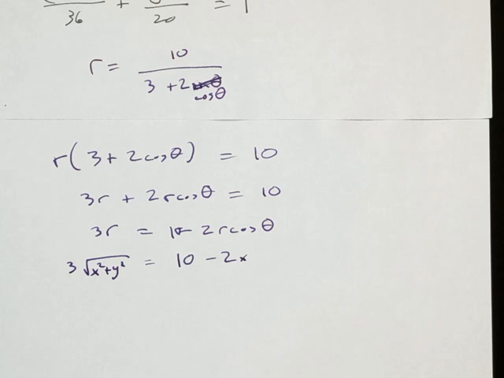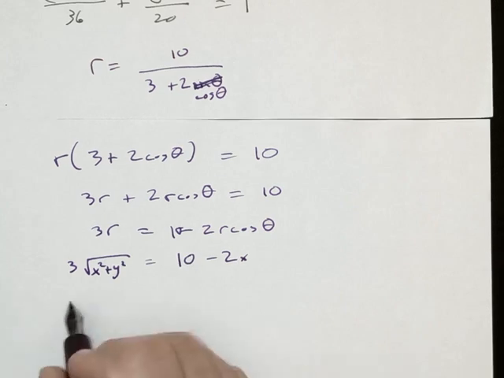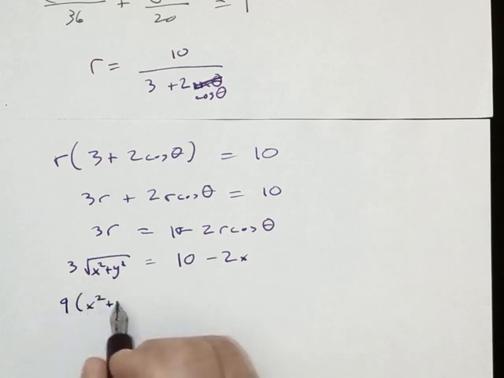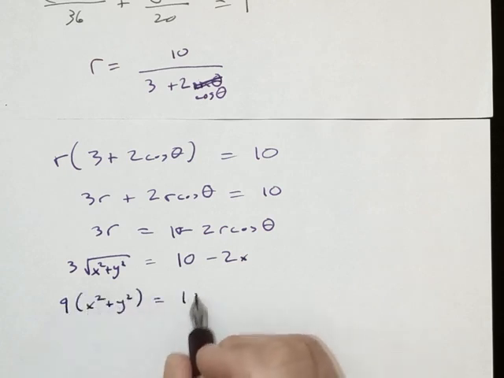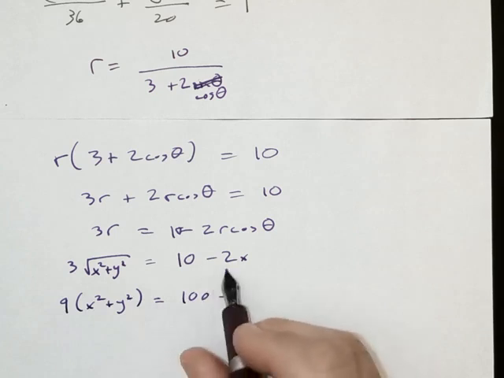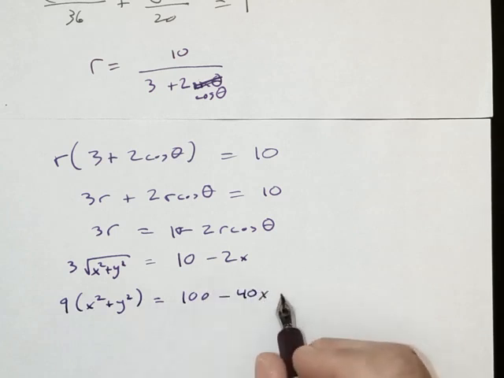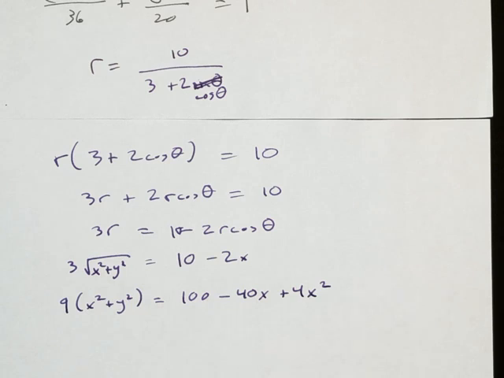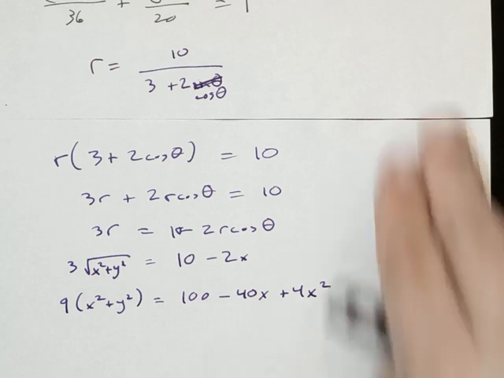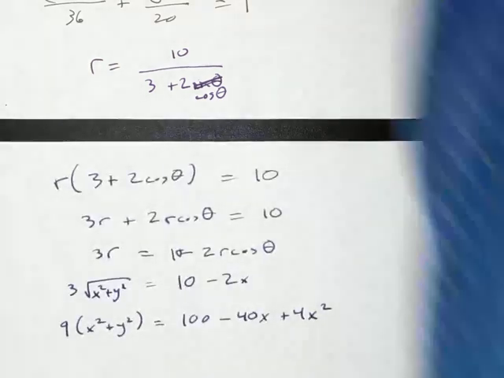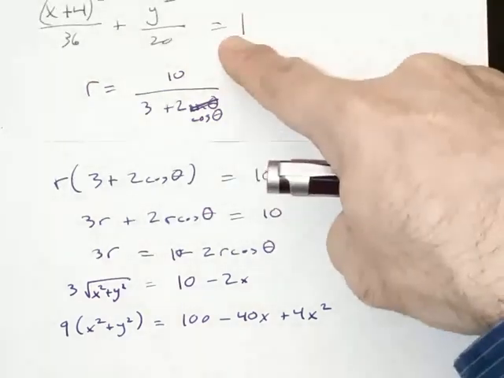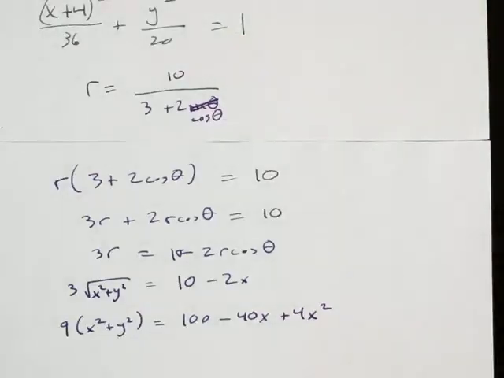And if I square both sides, with a lot of algebra and some completing the square, I can turn this into this. I don't know, do you think that's easier or harder?